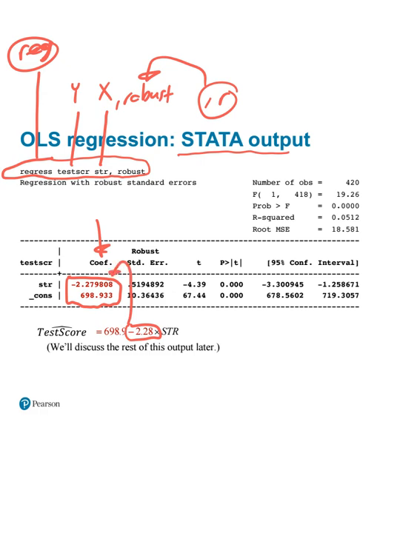Negative 2.279808, rounding to negative 2.28. Perfect. And then we estimated in our prior slide that the intercept was 698.9, and we see the true estimate is, well, effectively the same thing with a few 3s at the end. Okay, there is a lot more output right here, and it all is important, but we'll discuss those a little bit later in the chapter and in the next chapter as well.